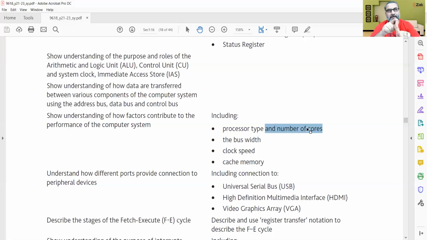The first core has got the result for the first 25 numbers. The second core has got the result for the second 25 numbers. The third core has got the third 25 numbers' result, and then the fourth core has got the addition of the last numbers, from 76 to 100. So these are 4 results.